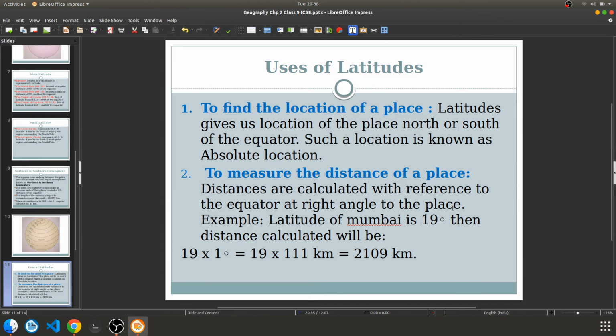So if we are saying that Mumbai is located 19 degrees north of the equator, then we have to find out how much it will actually be in kilometers. It will be 19 into 1 degree, and 1 degree is 111 kilometers. That means Mumbai is 2109 kilometers from the equator. We can say it in that way.